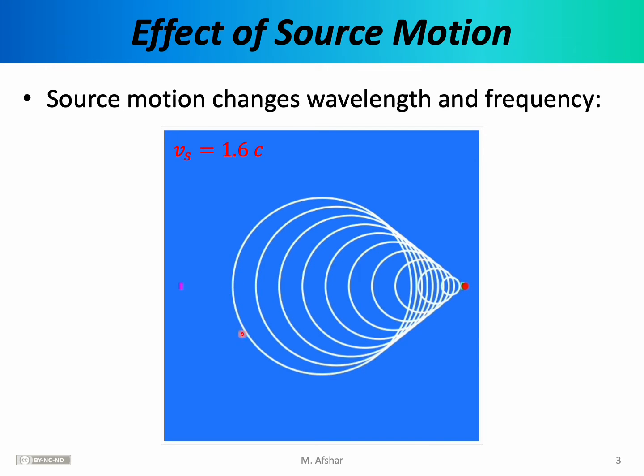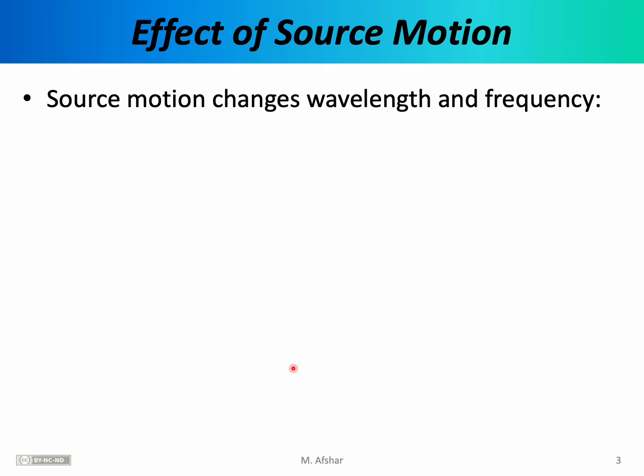Recall that these wavefronts represent peaks of the wave. In particular, they represent points where there is a maximum displacement of the air molecules. Now, as one wavefront passes through a region, the air molecules in that region begin to oscillate. In particular, they oscillate with maximum displacement as this particular wavefront passes through. Now, you need to wonder what happens when there are 2 or 3 or 4 overlapping wavefronts.